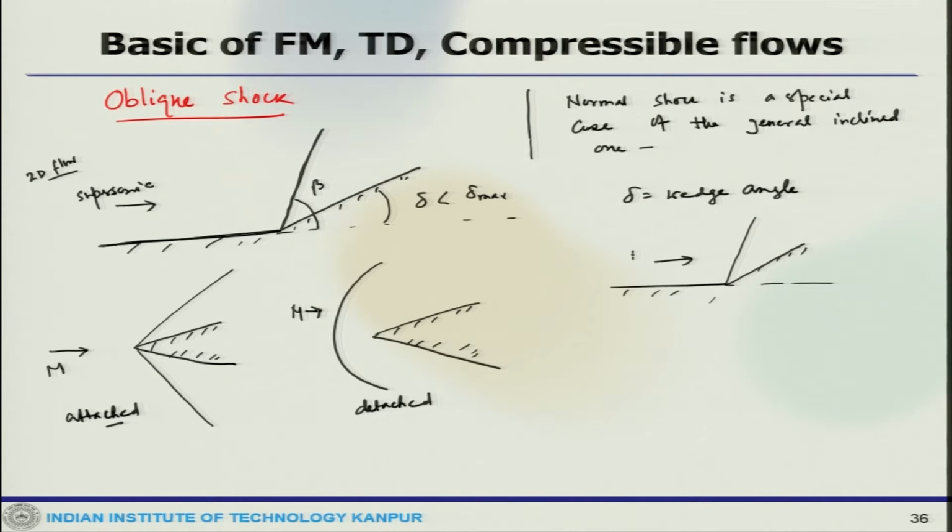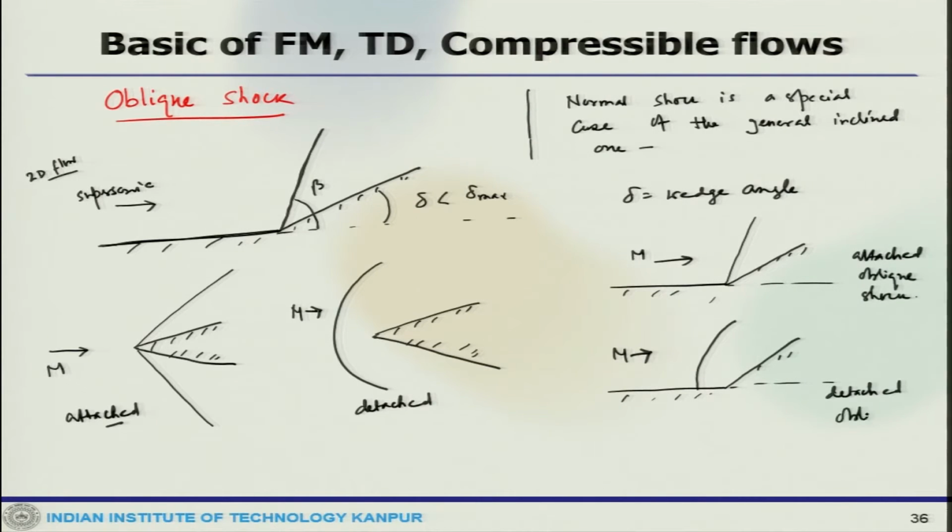Again the flow is supersonic, or I could have a situation like this. So, this is an attached oblique shock, and this is the so called detached oblique shock. Okay. So, these are the possibilities which may occur.